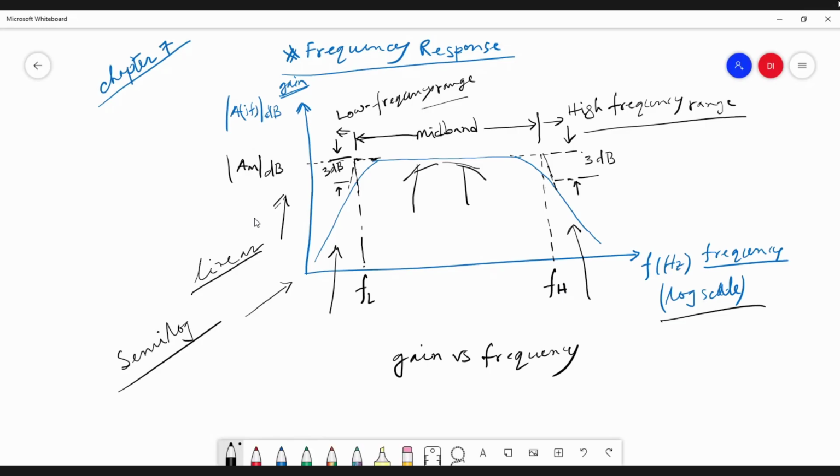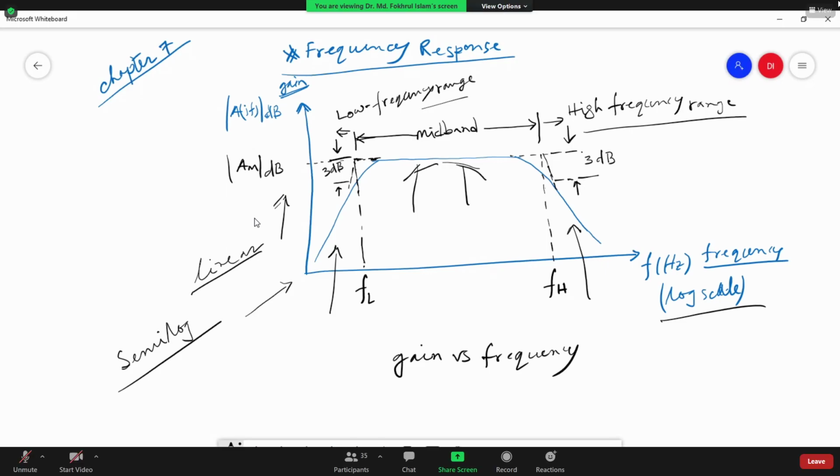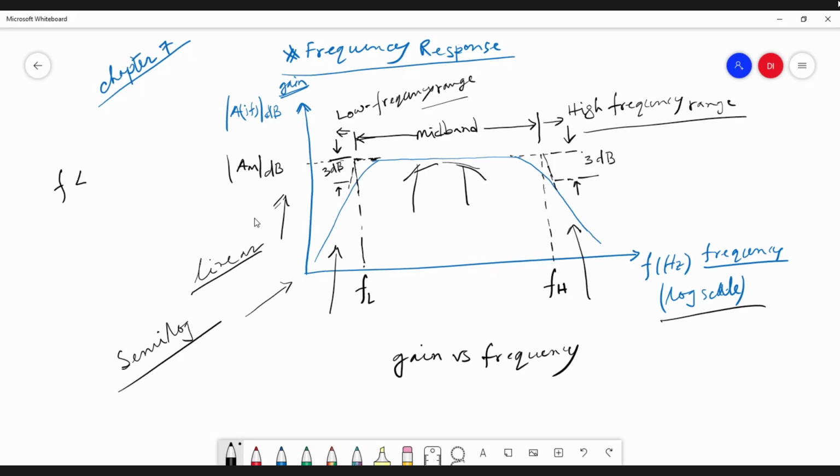When the frequency f is less than FL, it is marked as the low frequency range.